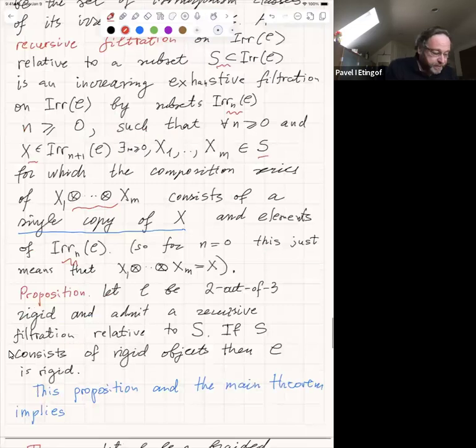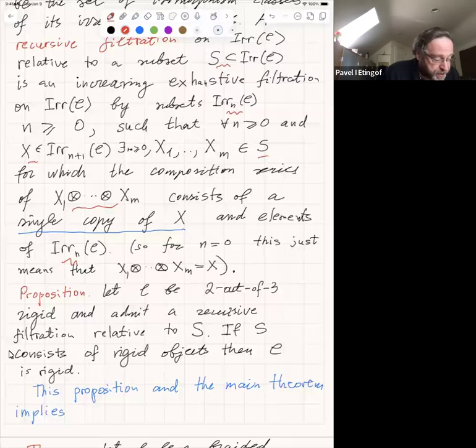And so the general proposition here is that if C is a 2 out of 3 rigid category, which admits a recursive filtration relative to S, and if S consists of rigid objects, then C is rigid. That's easy to prove. It has nothing to do with our theorem. This is just straightforward from these definitions.